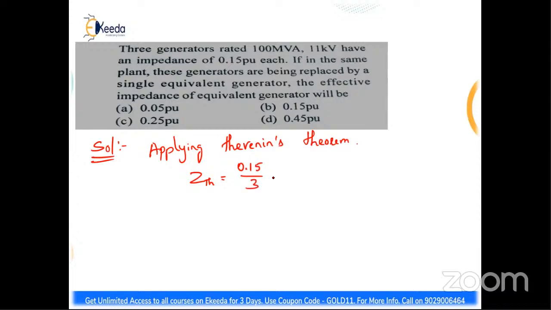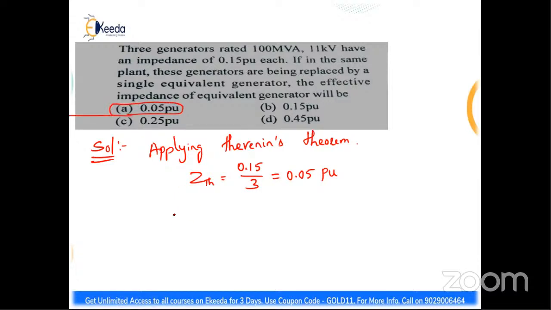So 0.15 by 3 is nothing but 0.05 pu. Which is the correct answer here? The correct answer for the question is option A, that is 0.05 pu.